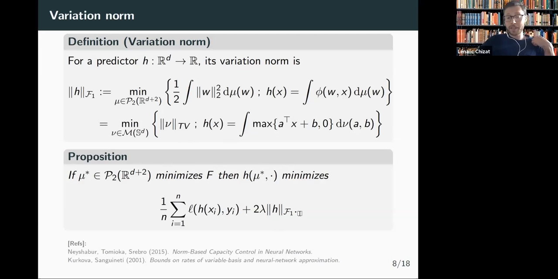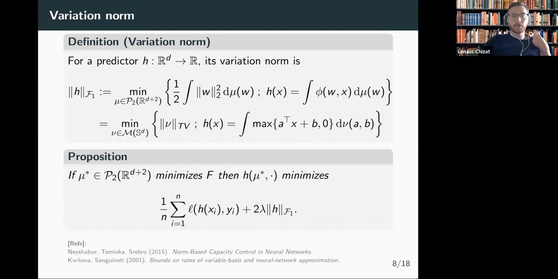Remember that this is precisely the predictor found when a large two-layer neural network is trained with gradient descent, because we have shown that we converge to such a global minimizer. So now the question is, what can be said about the generalization properties of such a function?